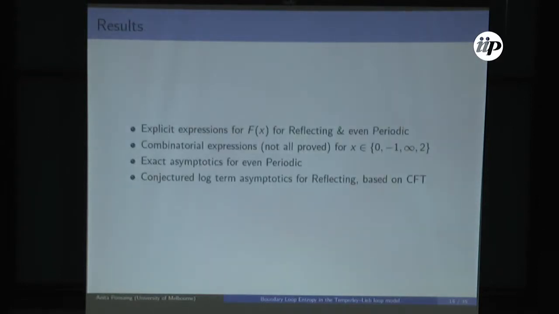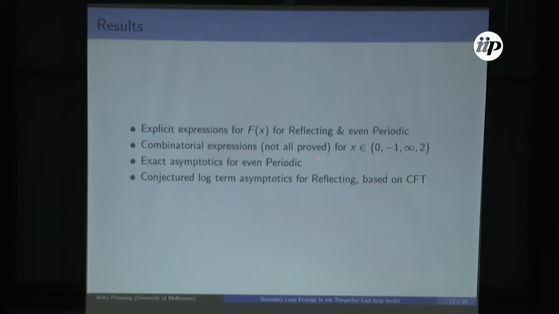Okay, so what have we got? I'll show you the f of x explicitly in small sizes in a few slides, but this is basically the summary of the results we've got. The first thing is, for a general finite size, we have explicit expressions for this observable for the odd and even reflecting case and the even periodic case.